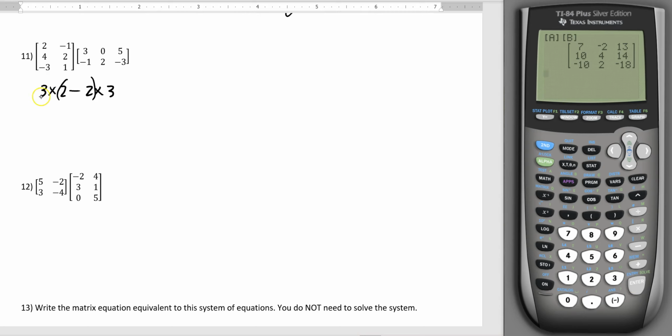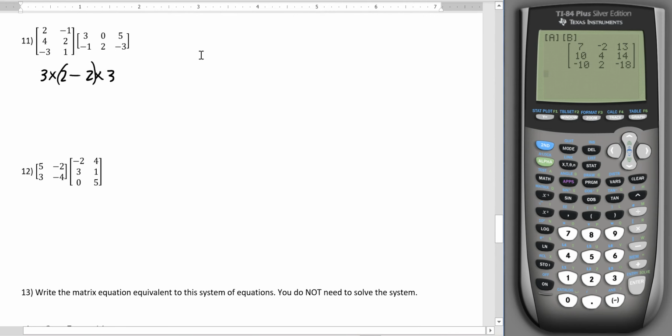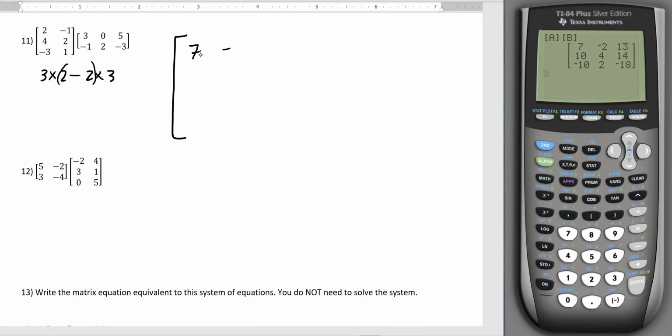Number of rows from A, columns from B. So this is going to equal, let's scoot it back down here, 7, negative 2, 13, 10, 4, 14, negative 10, 2, negative 18. Beautiful. All right, that is our answer for 11.